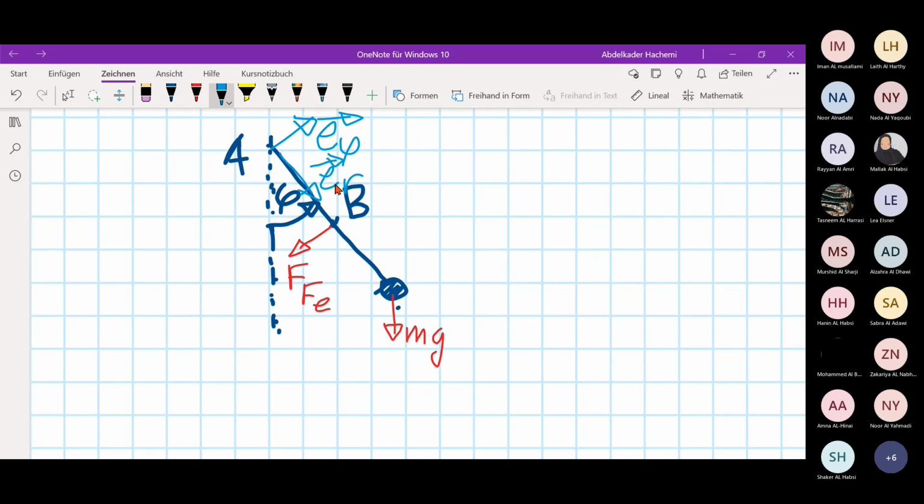Now we have two additional inertia forces due to D'Alembert. As the motion is in this direction, we have the force here, which I call F_T phi, and I have the force F_TR.